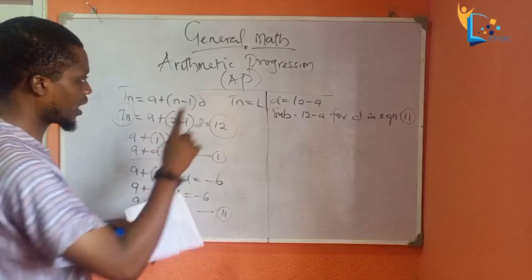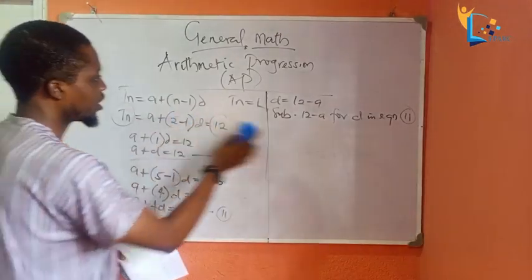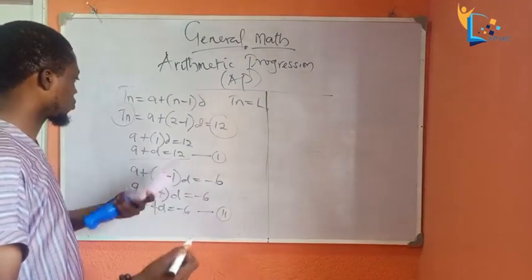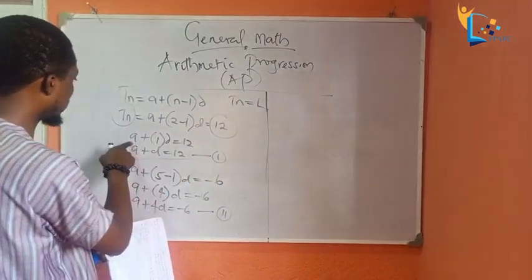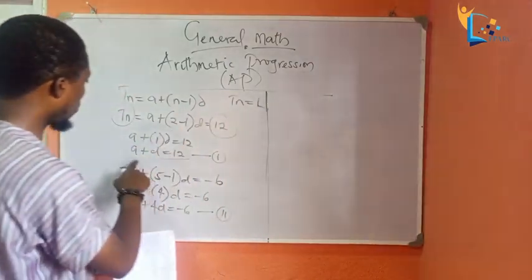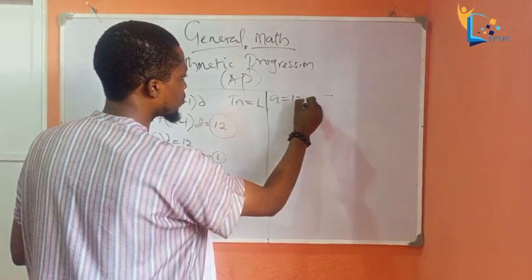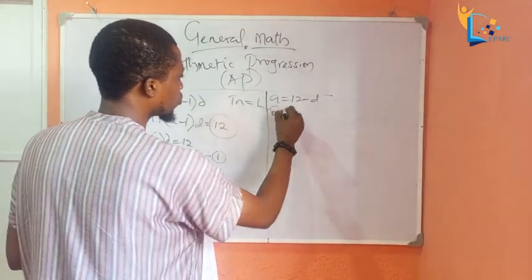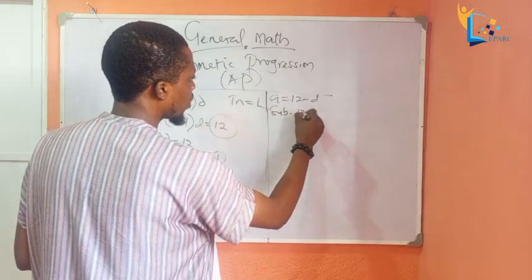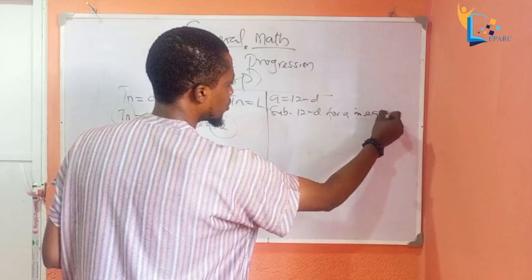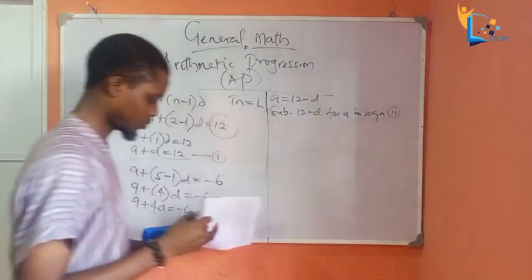Okay, let's look for A. Let's make A subject of formula. So A will be equal to 12 minus D. Substitute 12 minus D for A in equation 2.